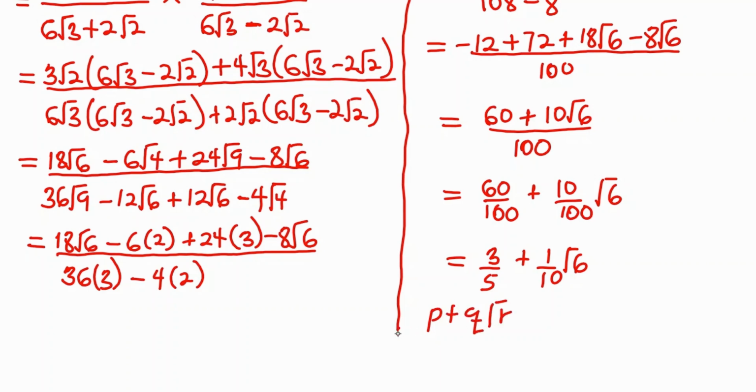By comparing, we can see that our p here is equal to 3 on 5. We can also see that q is equal to 1 on 10, and then r is the actual value, not the root, is 6. So this becomes the solution to our first question. Now we proceed to the next question, that is question number 2.